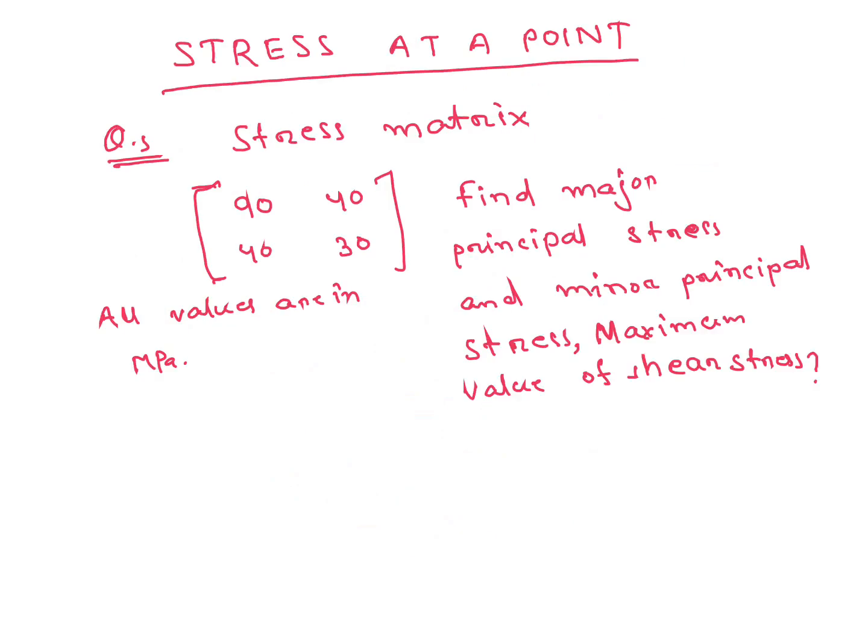Sometimes they ask this type of question in IES, and in ISRO also they may ask this type of question. The stress matrix will be given as 90, 40, 40 and 30, and they will ask to find the major principal stress, minor principal stress and maximum value of shear stress. All values are in MPa.